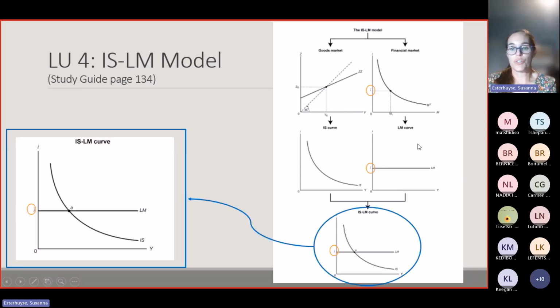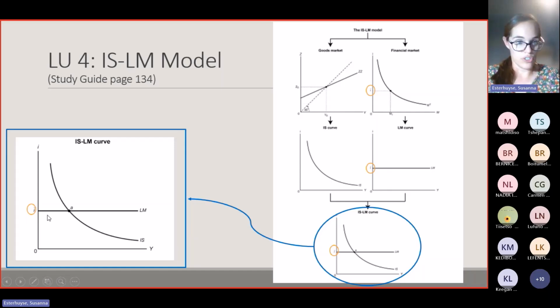Then what you do is you see both the IS curve and the LM curve are plotted with the interest rate on the vertical axis, and the level of output and income on the horizontal axis. So you combine the two graphs, you literally put them on one graph.